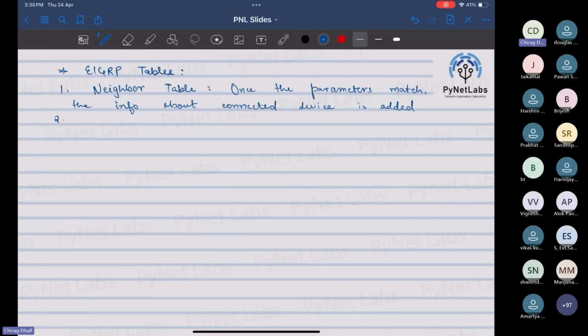Second table is topology table. Topology table contains all the routes received from neighbors.